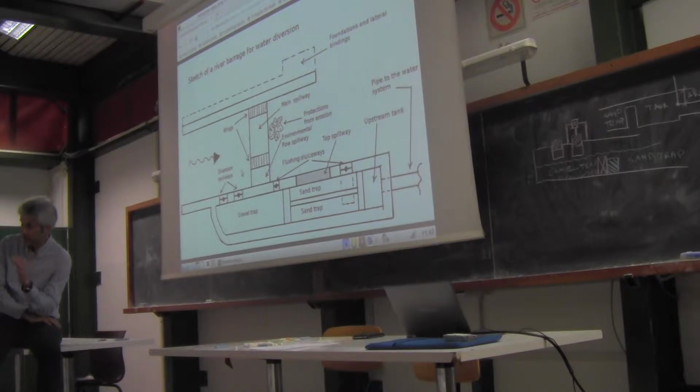It's clear that if you build a barrage, you increase the water level. This is what we want. But it's also clear that we also increase the flood levels. And the higher the structure, the higher the increase of the flood levels. So this is a verification that we absolutely need to make.